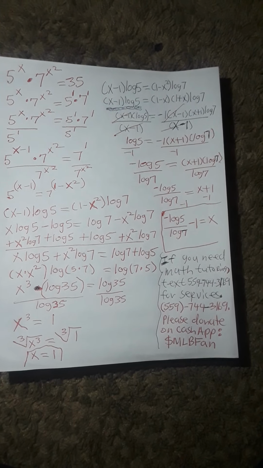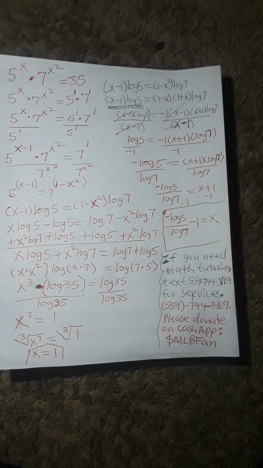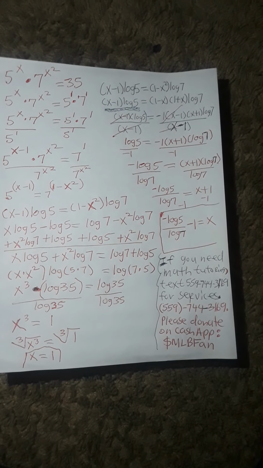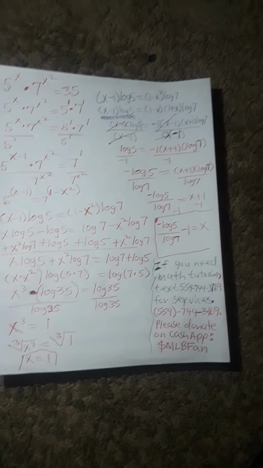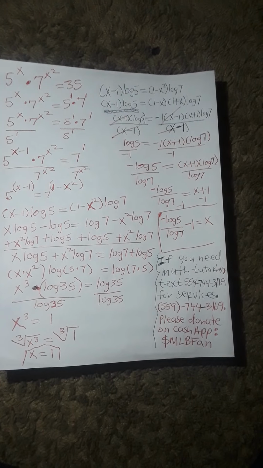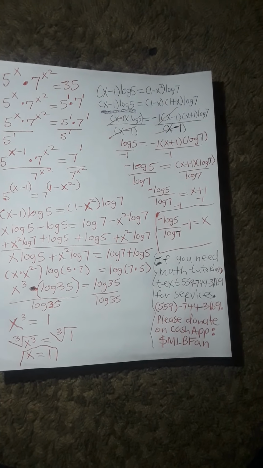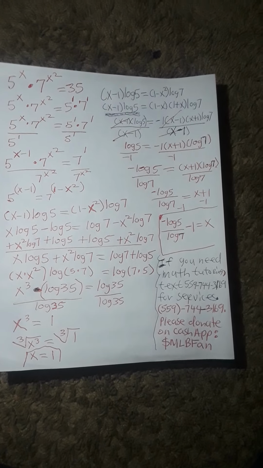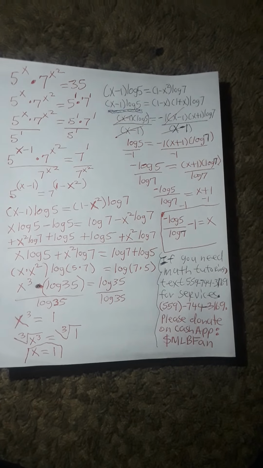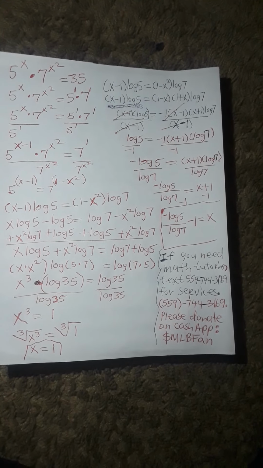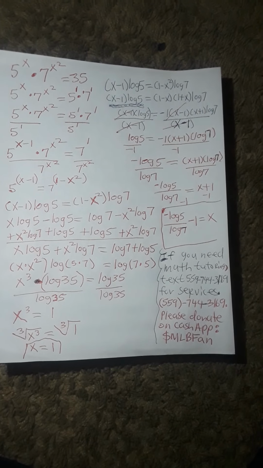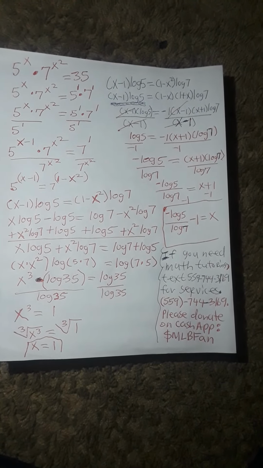to the power of x squared, and then utilize the quotient rule, and that'll turn into 7 to the power of 1 minus x squared. So now we have 5 to the power of x minus 1 is equal to 7 to the power of 1 minus x squared. So now we bring the powers down and place them in front of the base of 5 and the base of 7.